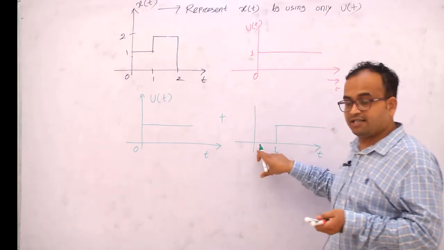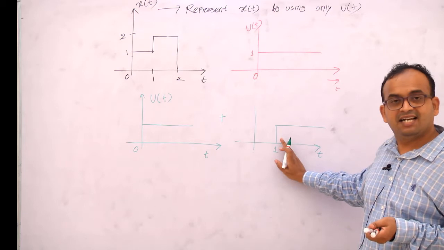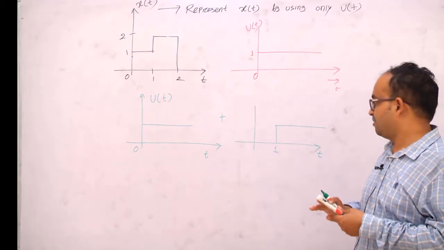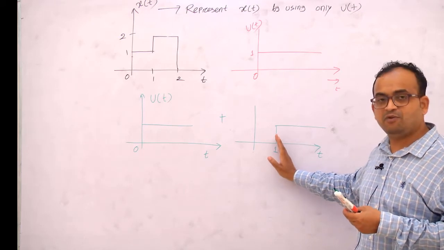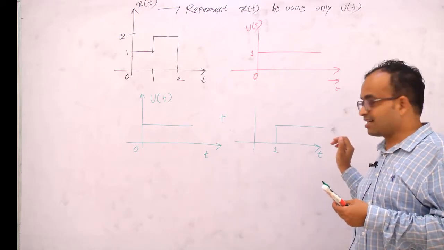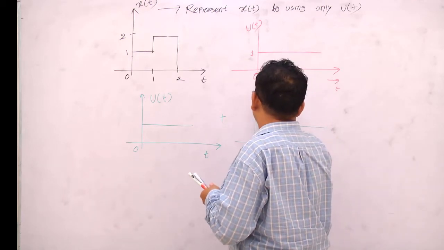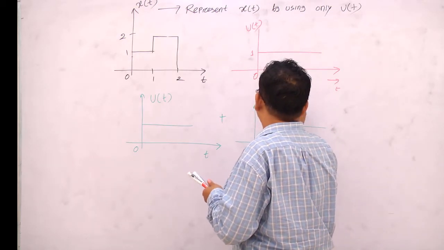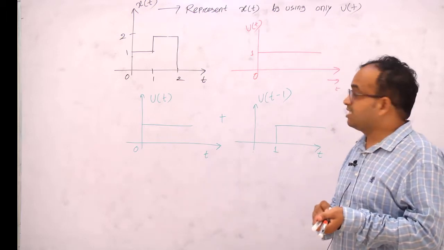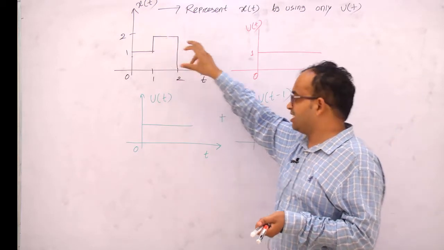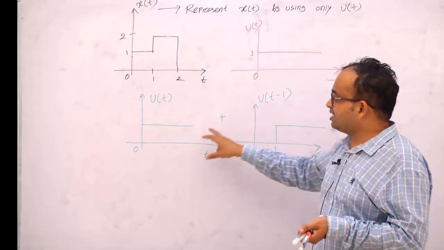Already we know that if the signal is shifted towards the right, the signal will be u of t minus 1, because the signal is now starting from 1, shifted to the right. So we can write that this is your u of t minus 1. So now what happens? As we know that the amplitude is 2 here, it means we can tell that these two signals must be added.